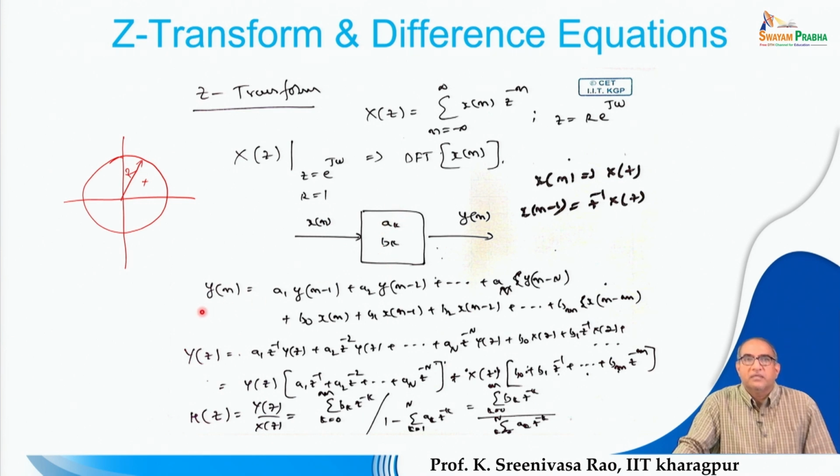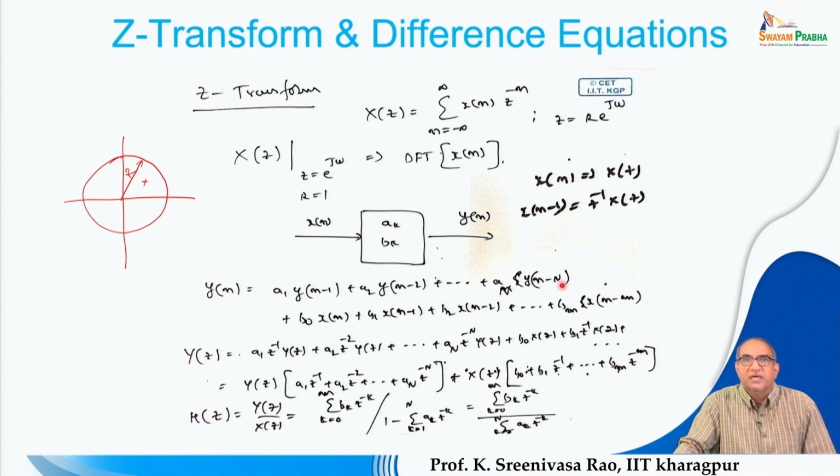We can write the output y of n in terms of the previous outputs and the present and previous inputs. So, y of n is written in the form of the previous history of outputs, that is y of n minus 1, y of n minus 2, and so on, up to y of n minus N.